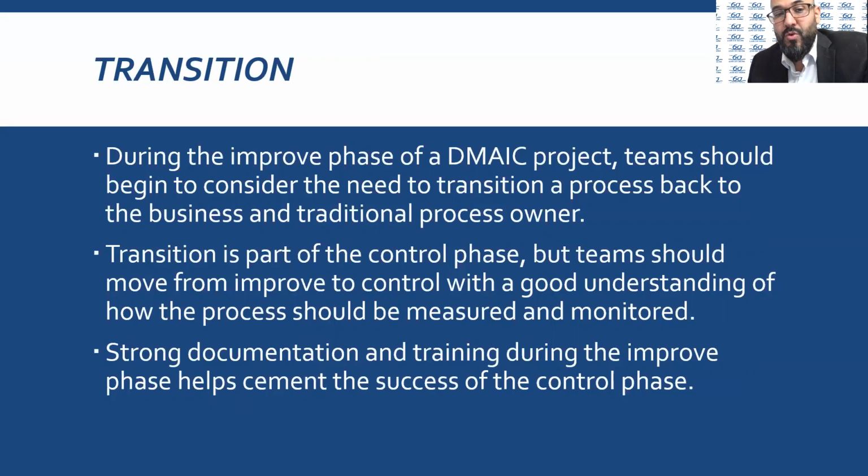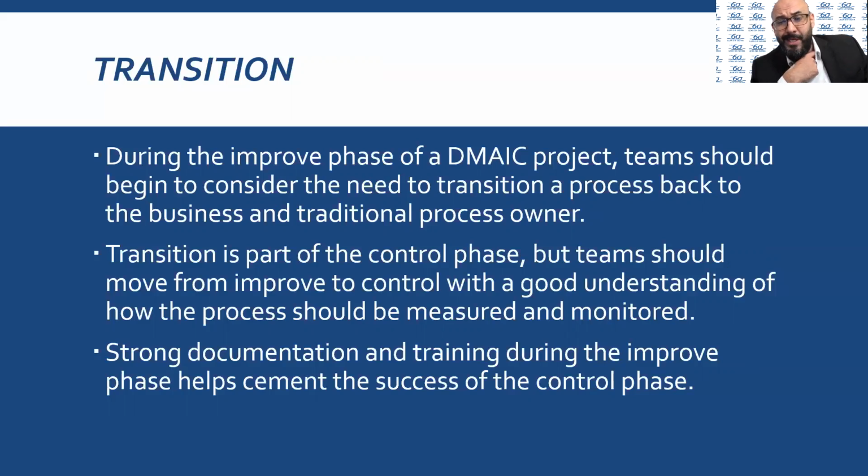However, teams should move from improve to control with a good understanding of how the process should be measured. So this is one of the tasks where we have an overlap. It could be in the improve phase and the control phase at the same time. We could start it in the improve phase, however, it will end up in the control phase.